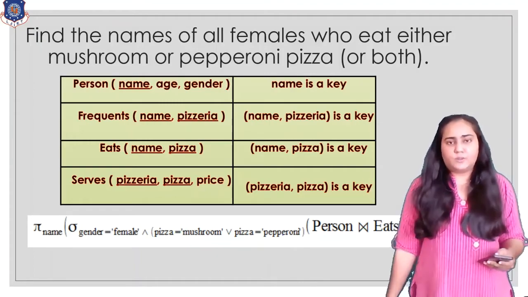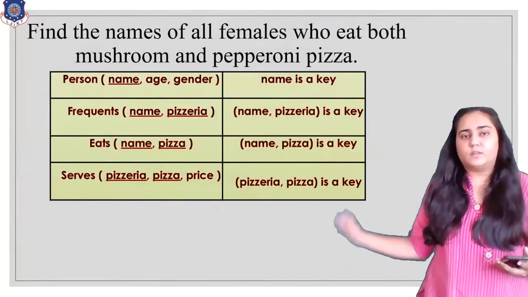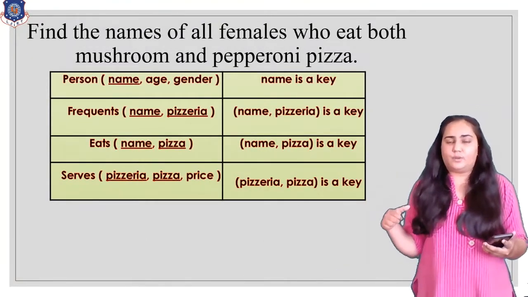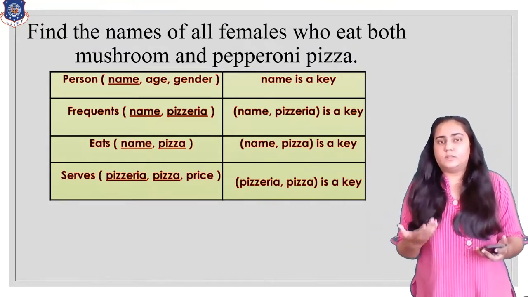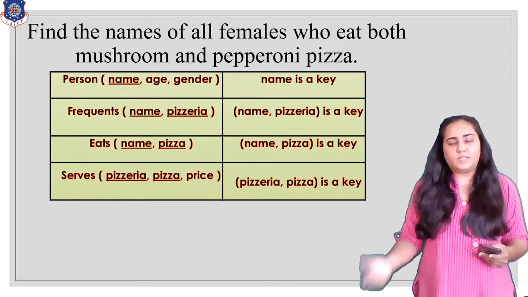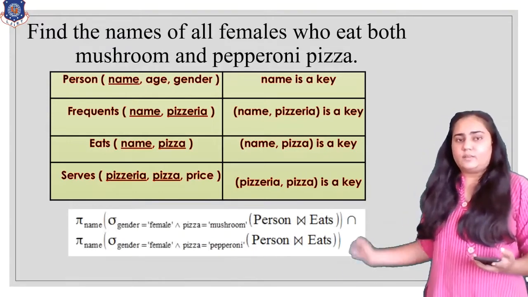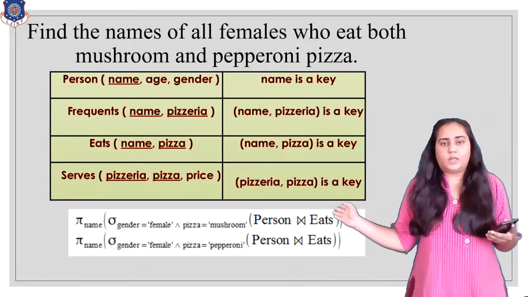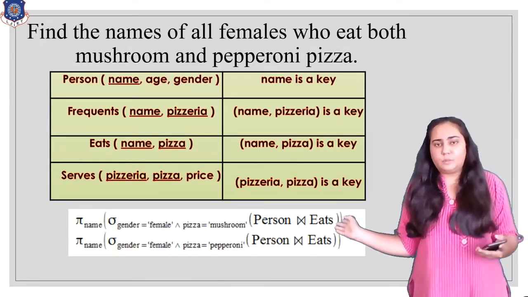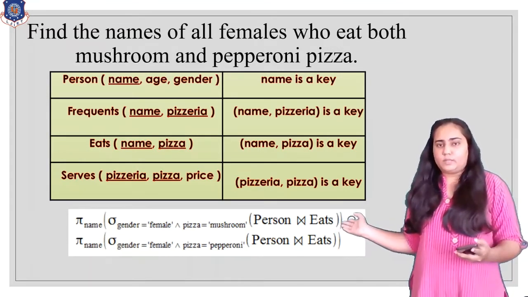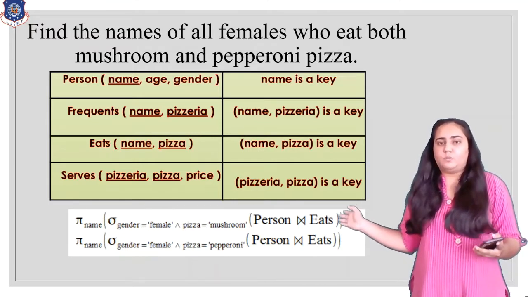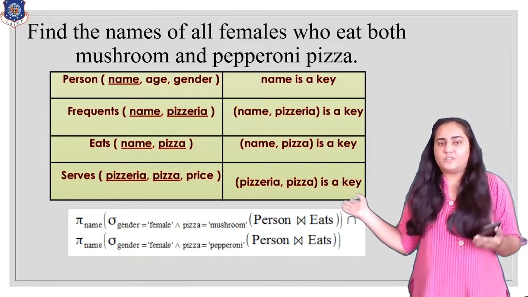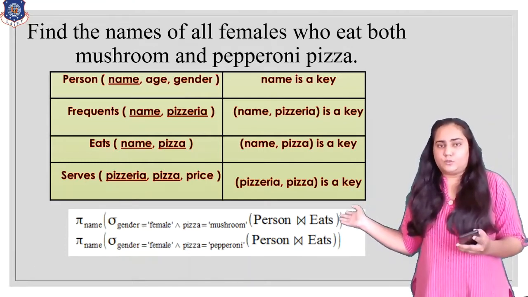Now, let's go back to the query that we were talking about, this one. In this case, because we cannot do it like we did the previous query, we must use a set operation, which is intersection. So it will look like this. The first query is where I'm finding names of females who are eating mushroom pizza. So I'm taking a natural join between person and eats. From there, fetching those rows where gender is female and pizza is equal to mushroom.